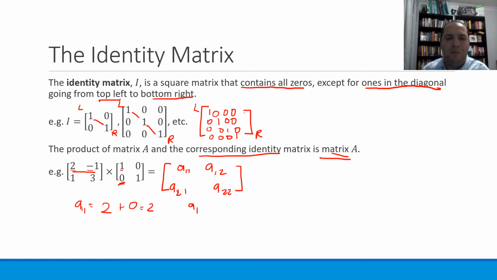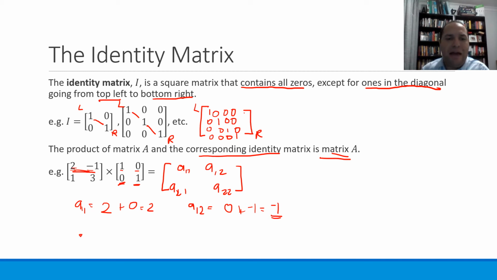For A12, that'll be row 1 times column 2. 2 times 0 gives us 0, plus negative 1 times 1, which is negative 1. Put it together, that's negative 1.